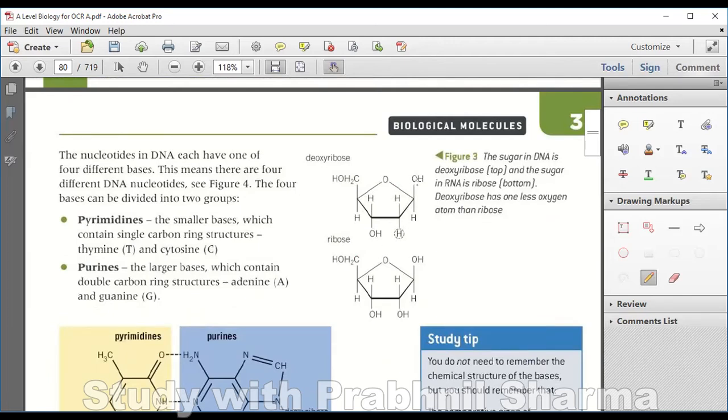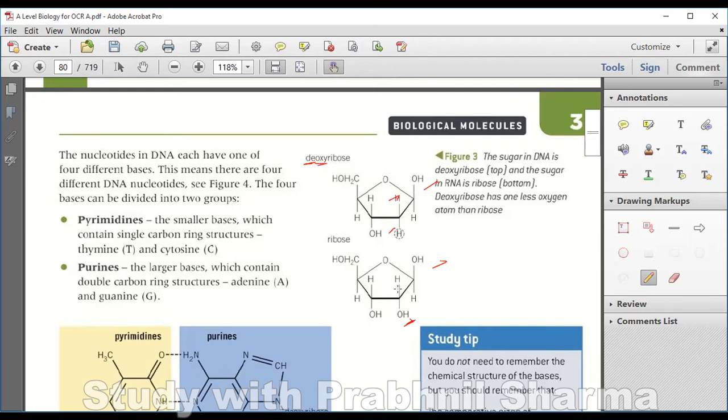This OH is the same. The H and OH are different. In this case, we have two hydrogens; this is deoxyribose. In this case, H and OH are there, so this is ribose sugar. Clear? Deoxy, D means removal of oxygen.